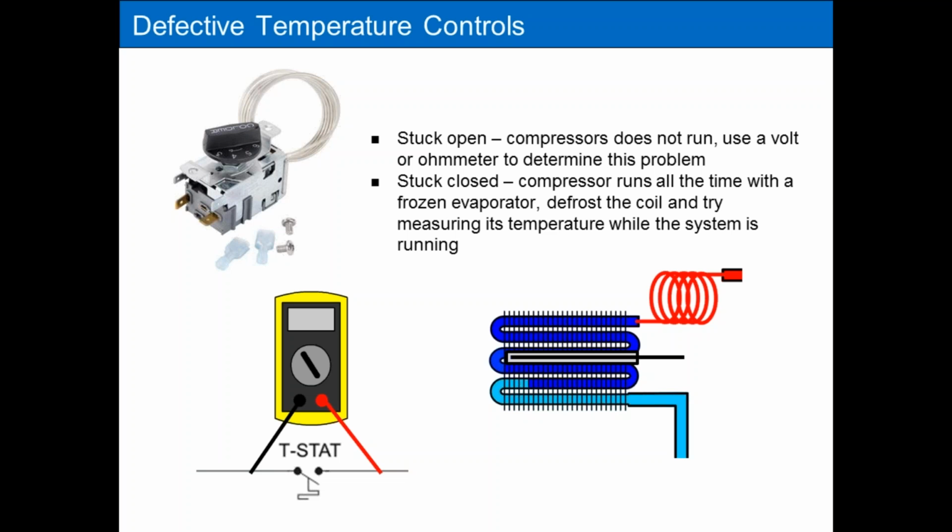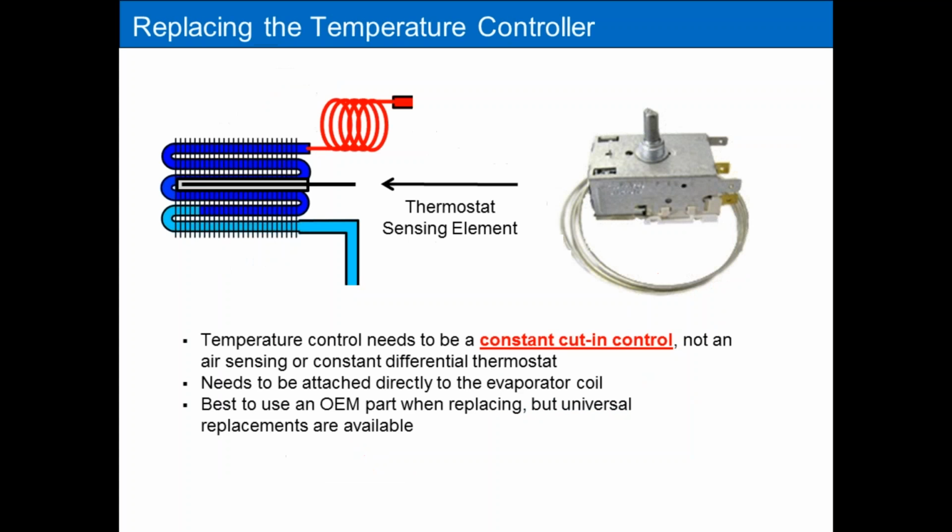It's not easy to measure the coil temperature, so I'm not going to promise you that's always an easy task, but that is a really good approach. If you can measure coil temperature and run the system with a clean evaporator, you can determine whether it's truly the temperature sensor or not. That's one approach to definitely use to determine whether it's the temperature control or something else.